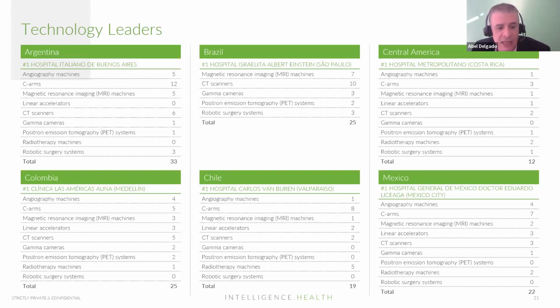But as you can see, what we show are a lot of high ticket, expensive equipment, and we show which hospitals lead each one. So these are the number ones, but in the actual report itself, we list the top 10 for each country. If you look at the fact that we have 5 countries and 1 region covered, that's a total of 6. There are a lot of hospitals being covered to break down very specific information about this high-tech equipment.